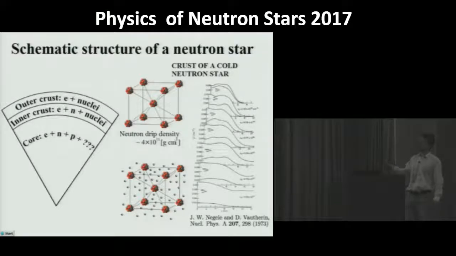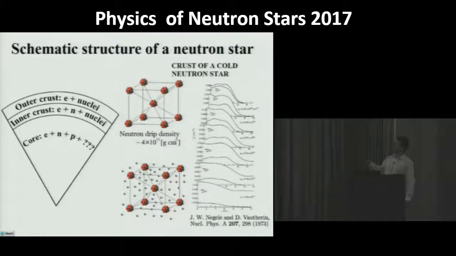One contains just electrons and nuclei. At the bottom layer of this crust, one finds unbound neutrons, also called drip neutrons. In the core, the composition is not generally known, but we can say that it is some sort of uniform nuclear matter. So we will deal in this talk with the crust.